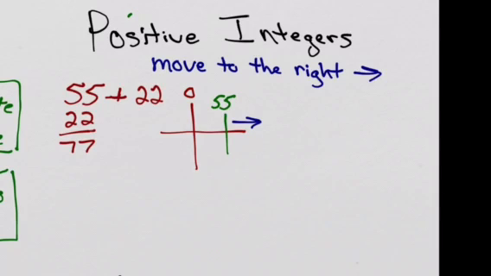So if it moves to the right and we have a positive 22, we know that the absolute value of 55, if it's moving away from 0, is going to be greater. Therefore, it makes sense that we would add 55 and 22 together to get a total of 77. They are both positive, therefore the answer will remain positive.